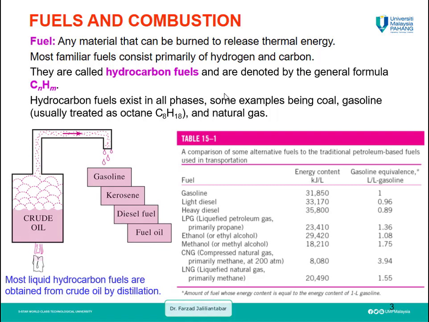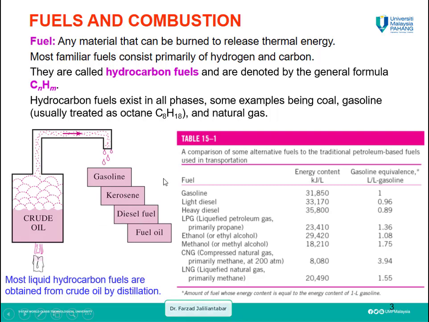Most of the fuels, like gasoline and natural gas, are the result of distillation. As you can see in this figure, the result of distillation of crude oil can be gasoline, kerosene, diesel fuel, and also fuel oil.